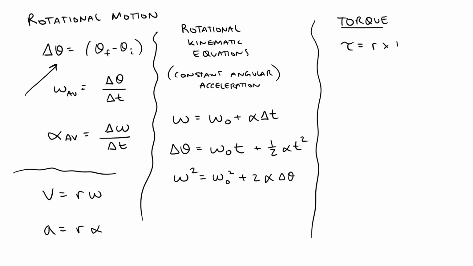R cross F, R F sine theta. So this is a cross product on that top one, which means the second line, cross F.